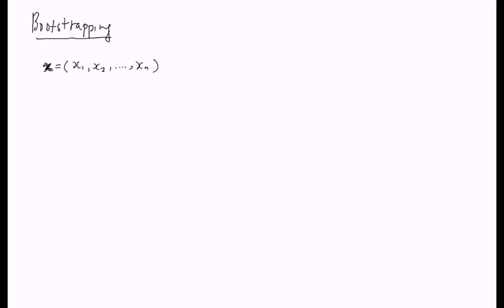And then suppose you want to find out something, for example some parameters like the median of the population, or the coefficient of variation, which is basically sigma over mu, right? Things like this, right?